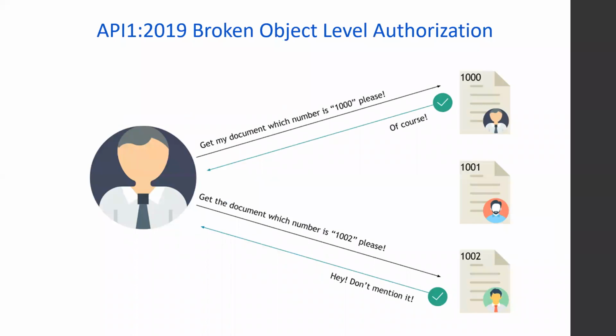So we come to the first, that is broken object level authorization. You will come across the term object very frequently when I'm talking about APIs. In APIs, an object is an entity.